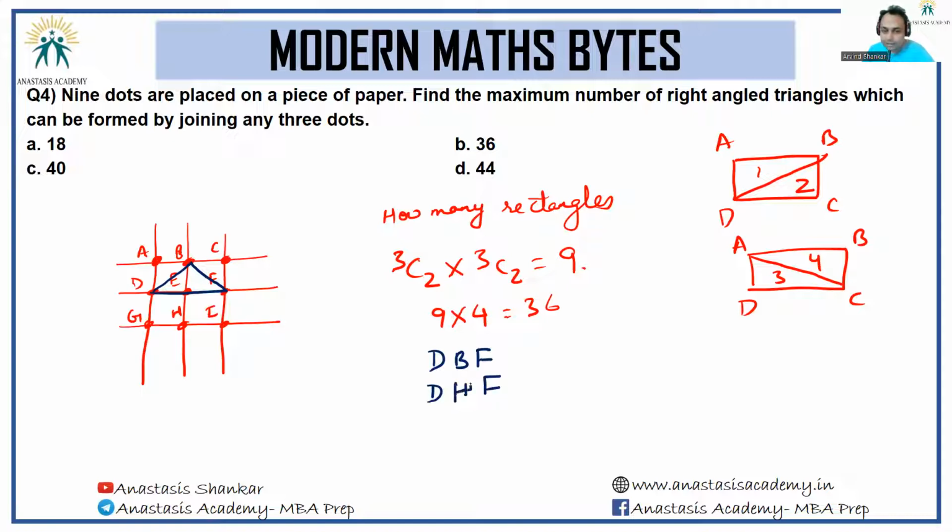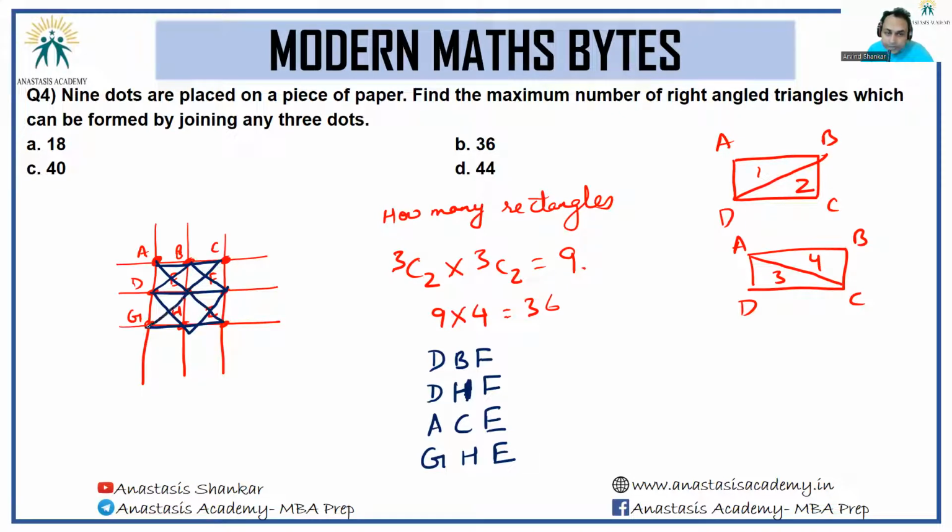Basically DF as the central point, and then triangle on the top, triangle at the bottom. Similarly, can we make ACE and GHE? Triangles like these are getting created.